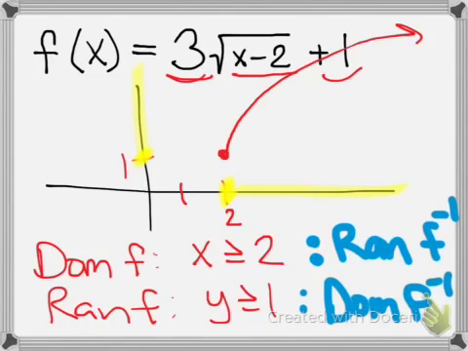So they got switched. And by recognizing that they get switched, we know how to restrict our domain and our range.